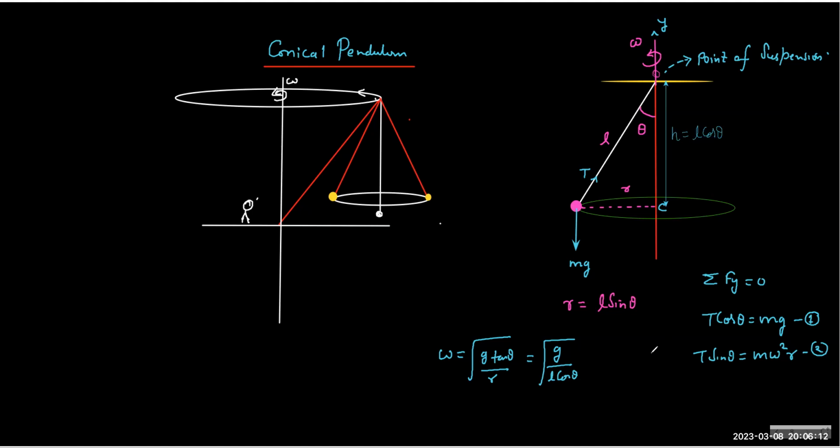So it should be g by L sin theta, right? Why L sin theta? Because R is L sin theta. But tan theta is sin by cos. Oh, yes, sir. So sin will get cancelled. Correct? Yes, sir, got it. All right.